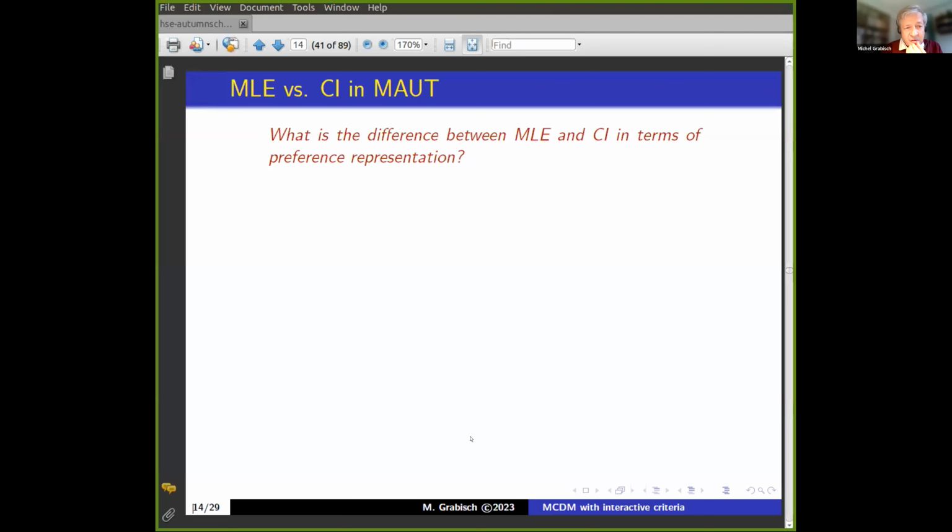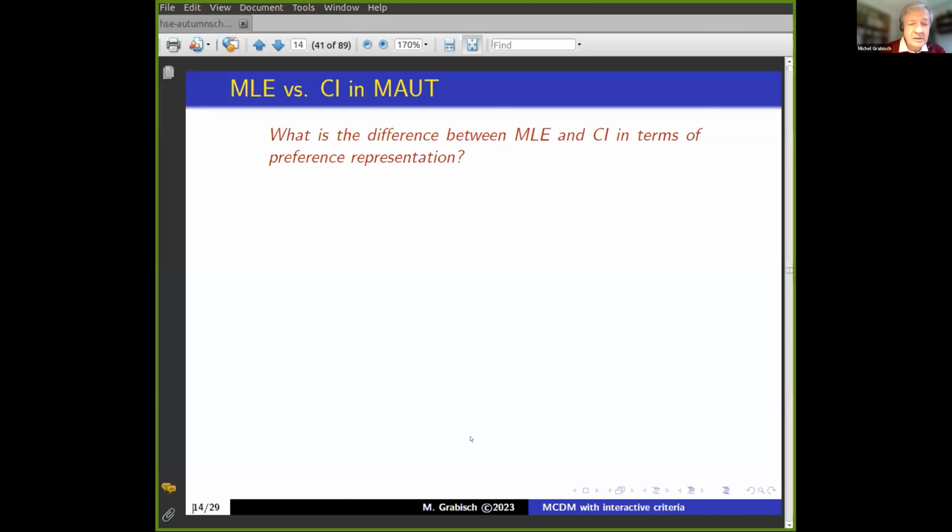Because if we do decision making in the usual way, you must not forget that what is given is only the preference, and then you have to derive your model from the preference. Since now we have two different models, we should know when I must use one of them and when I must use the other one.